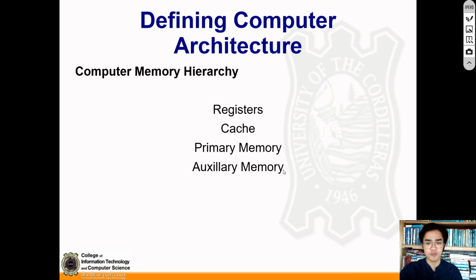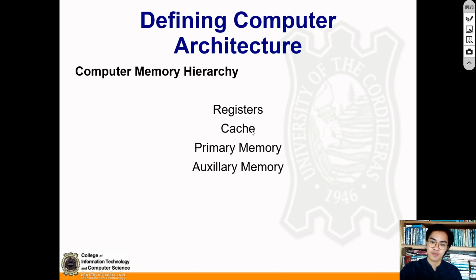Now when it comes to speed, registers are the fastest to be processed by the CPU. Instructions or information from registers can be fetched by the CPU the fastest, because, like I said a while ago, they mostly exist inside the CPU anyway.